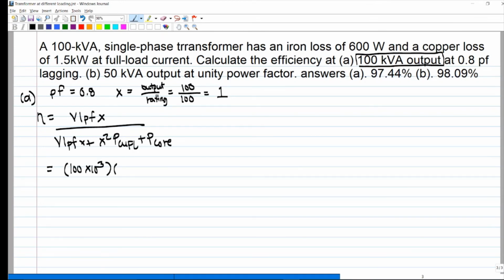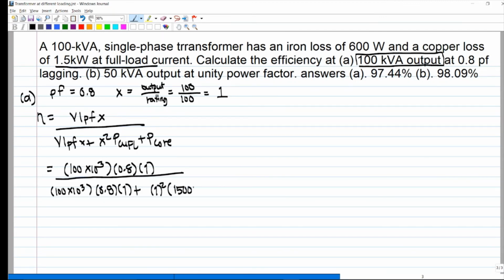The power factor is 0.8. The loading is full load or 1, divided by 100 times 10 raised to 3 times 0.8 times 1, plus the loading na 1 square and the PCUFL or the copper loss at full load current is 1,500 watts and the core loss is 600 watts.